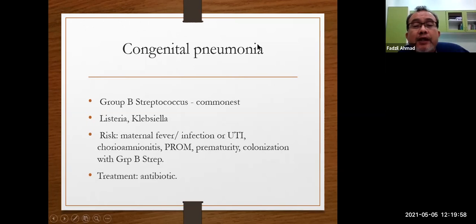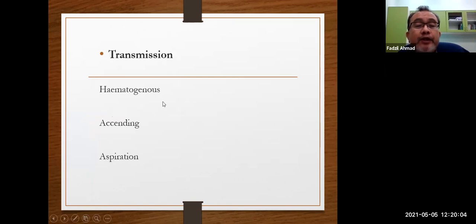Treatment, of course, is antibiotics. Transmission for congenital pneumonia in utero can be hematogenous, ascending, or aspiration.